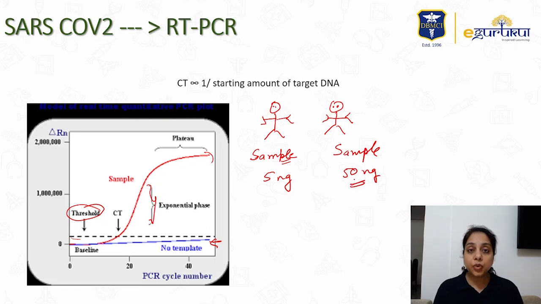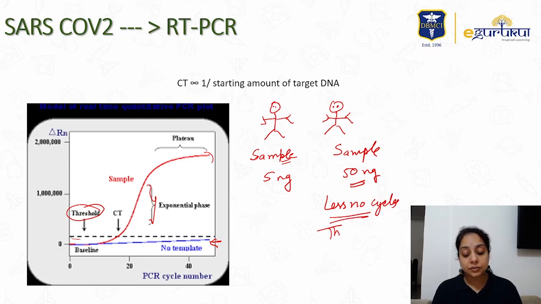This is definitely more. So this will require fewer cycles to reach the threshold value. Am I right? So fewer cycles are required when the sample has more viral load.